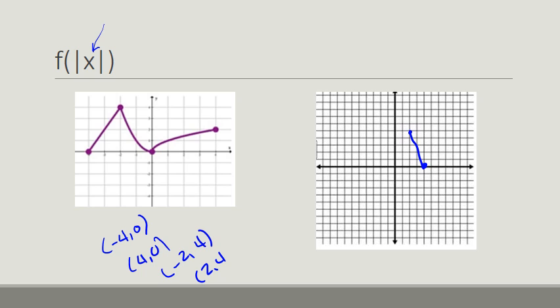So here's that part of the graph. My 0, 0 stays the same. My 1, 1 stays the same. And my 4, 2 stays the same. So it's got that little curve, and then goes out like this.